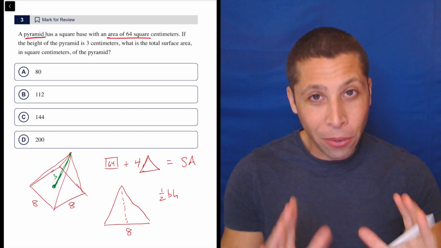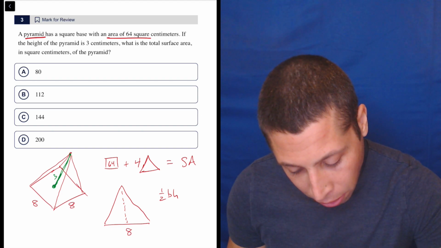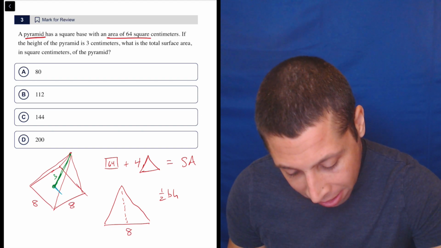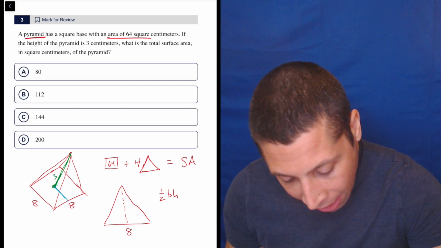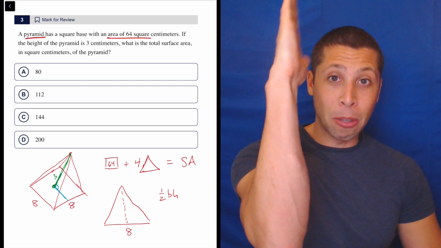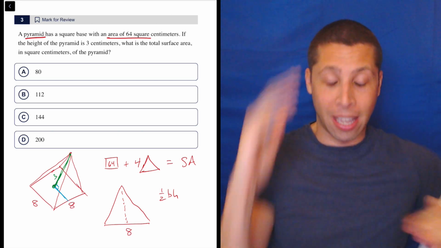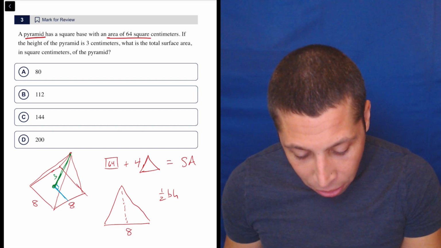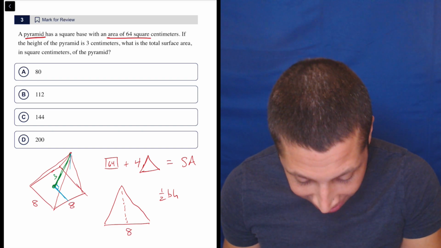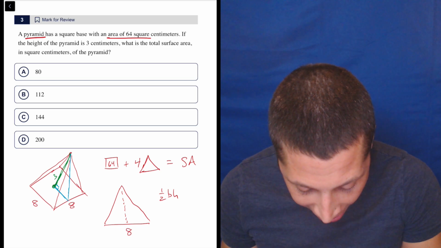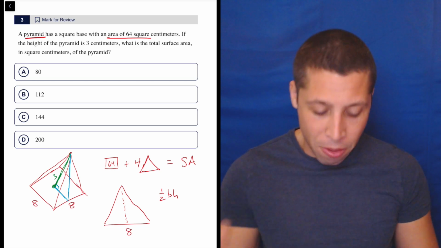So hopefully you can understand my picture here. I'm going to draw another line along the square base that's going to be at a right angle to the height. The height is coming straight up, and this line I'm drawing is just like this. Then there's another final height that is on the face of the pyramid.